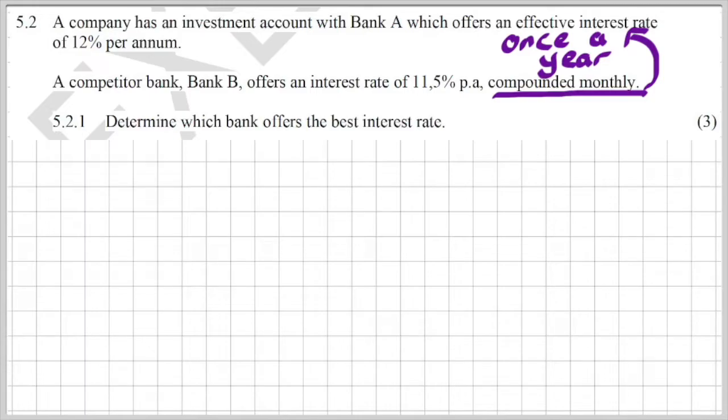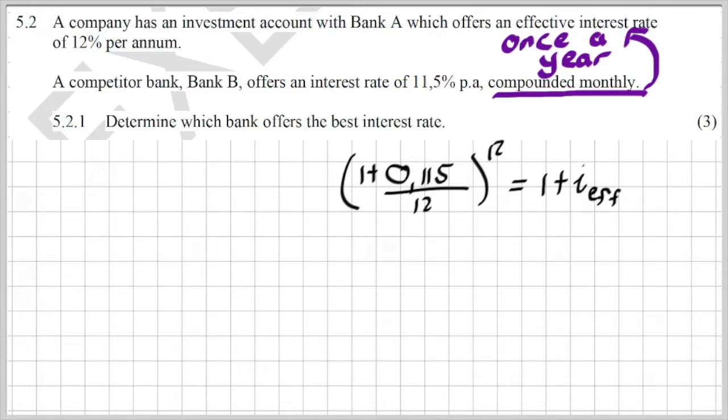So I'm going to start with the effective interest rate formula, which is 1 plus the interest rate. Let's rather not use percentage, just to keep your teacher happy. 1 plus 0.115 over 12 to the power of 12 is equal to 1 plus i effective.